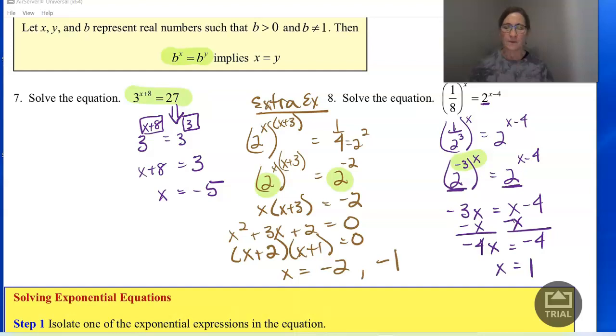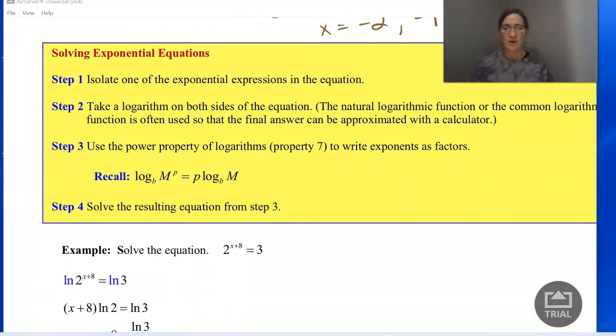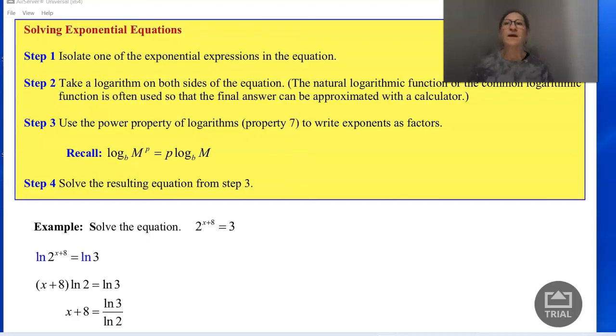All right. Well, what happens when we can't convert our numbers and create this equivalency situation? What do we do then? Well, what you do is you would isolate one of the exponential expressions in the equation.